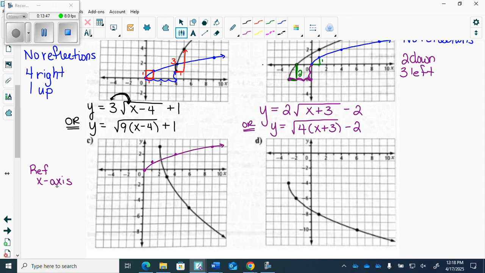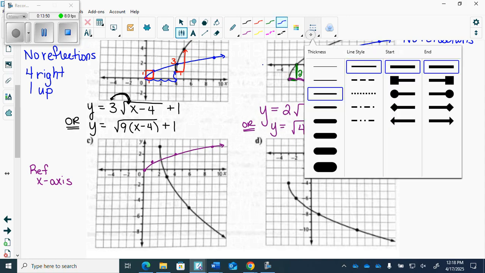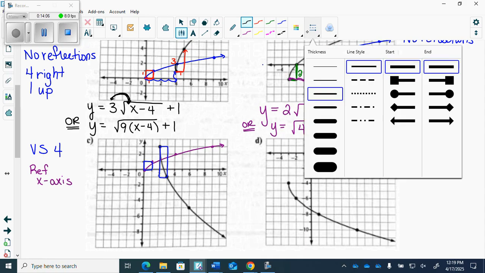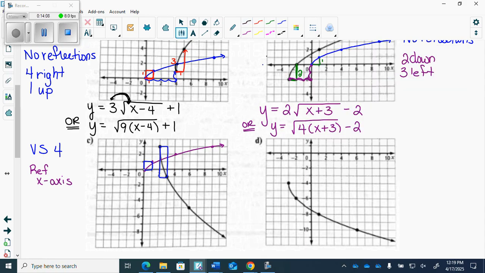Okay, let's talk about stretches. So this one is 1, 1. This one is 1 horizontally and 4 vertically. So it's a vertical stretch by 4. Okay. And then it starts at 0, 0, but it's now 1, 2, 3 up, 1, 2 right.